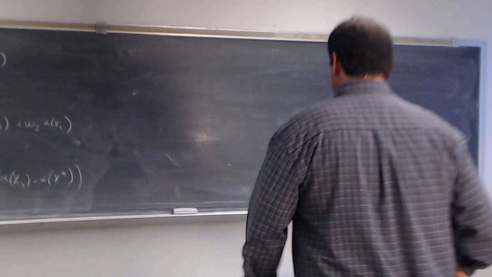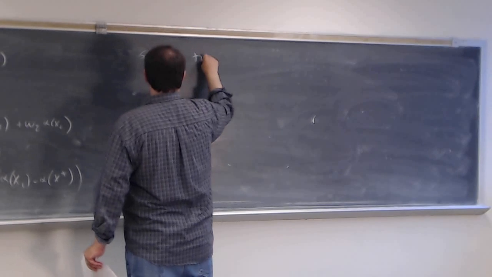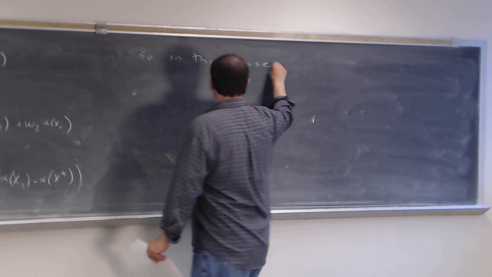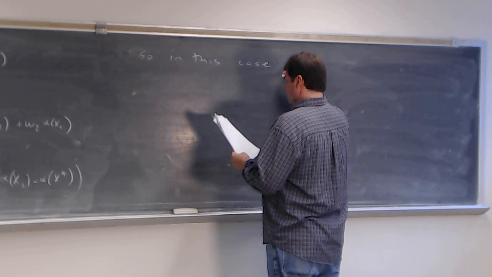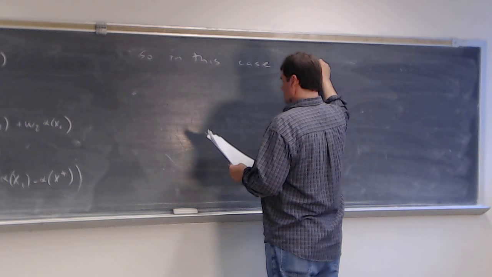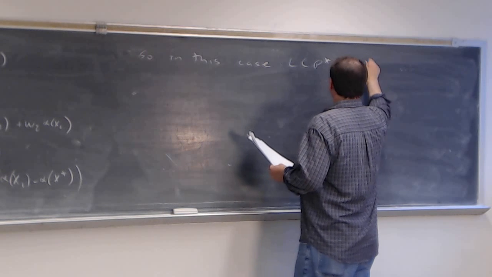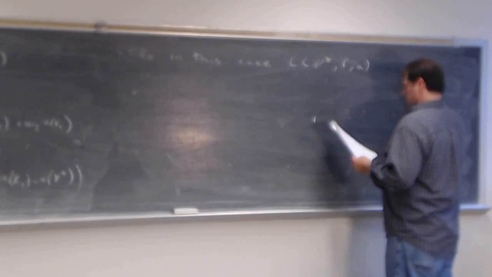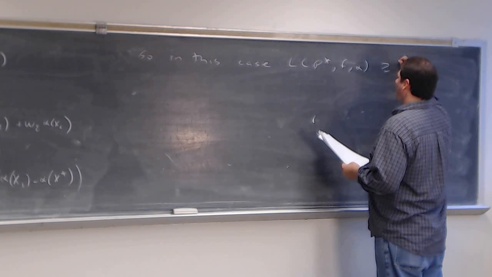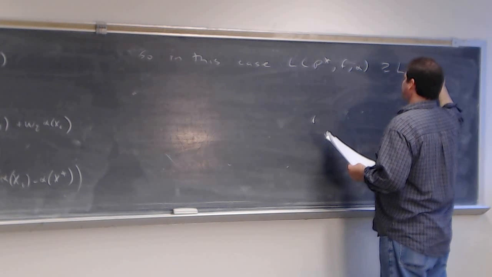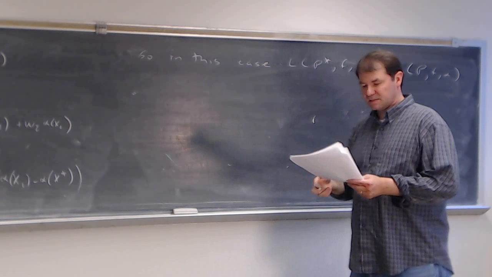So in this case, we have that this lower sum, P star, f and alpha, is greater than or equal to this lower sum, which is P, f and alpha. And that's what we want to show, but that's just in this case.